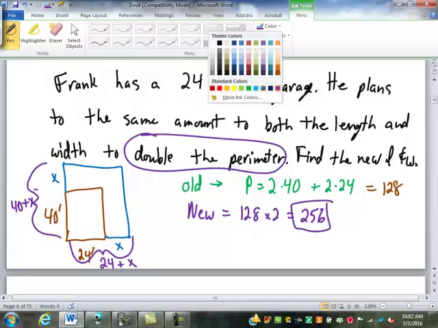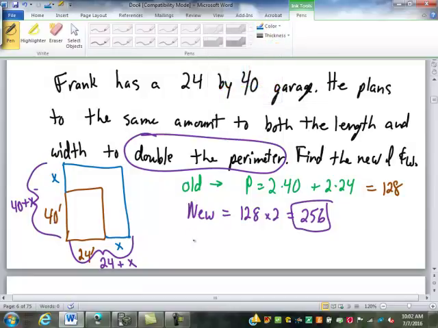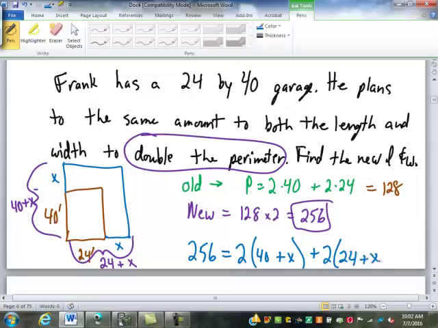So now we can use that to set up our equation. The new perimeter is 256. That equals 2 times the length, so that'll be 2 times (40 plus x), plus 2 times the width. What's the width going to be? 24 plus x. Good.